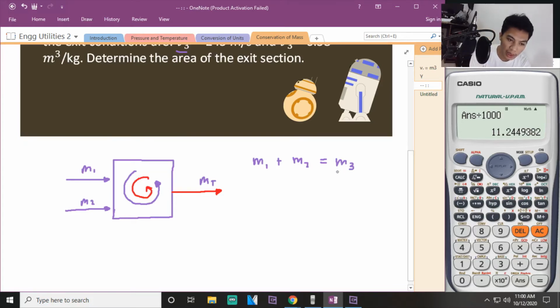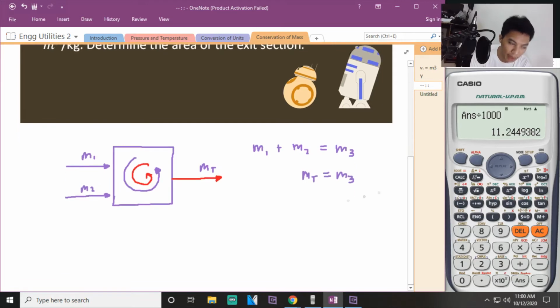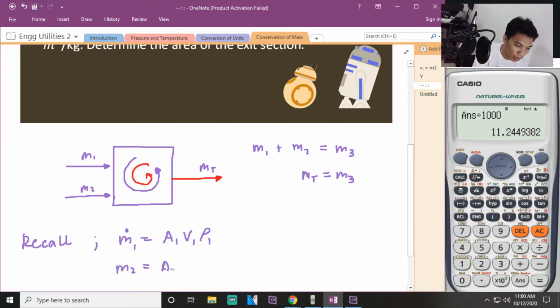Or M3, kasi, is equal to the mass total. Pero tandaan natin, we recall that diba ang mass flow rate natin is equal to A1, B1, density 1, mass 1. Ganun din yung mass 2: A2, B2, density 2.